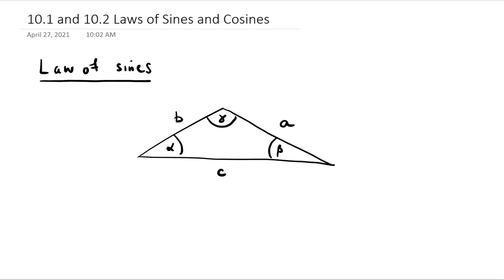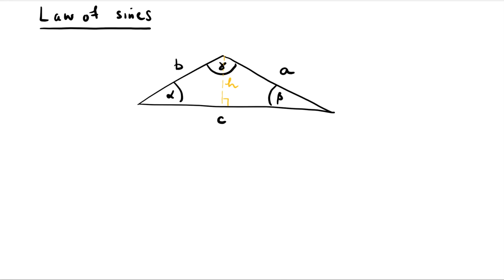I will now draw a perpendicular from the vertex at angle gamma to side C, like that. And I'll call that H, that's for the height. Let's write down a few equalities.